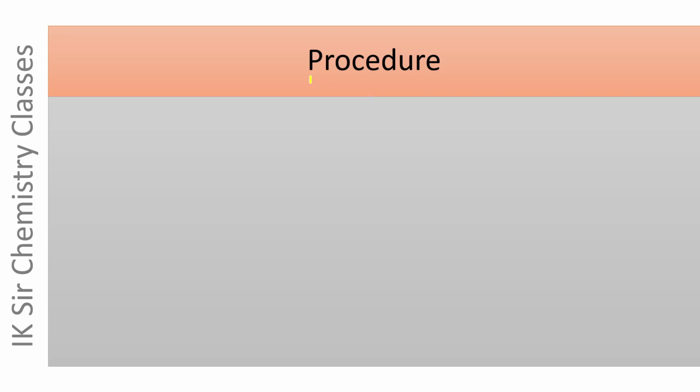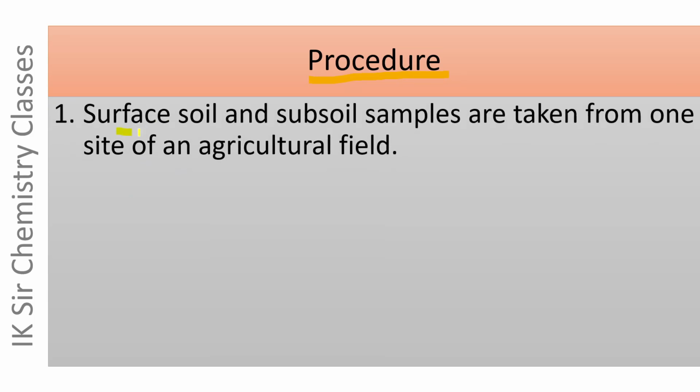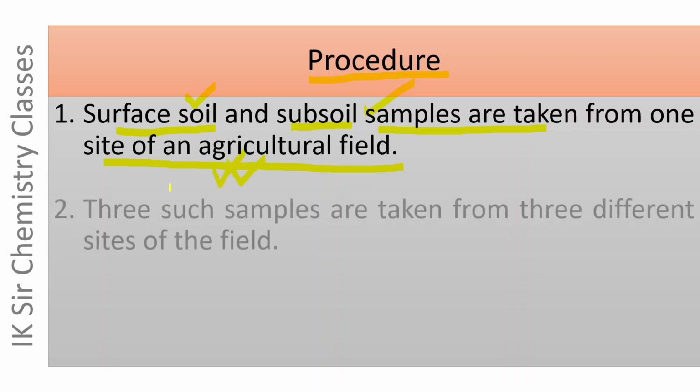And now the procedure for the determination of soil salinity. Surface soil and subsoil, that is soil under the surface, samples are taken from any one site of an agricultural field.